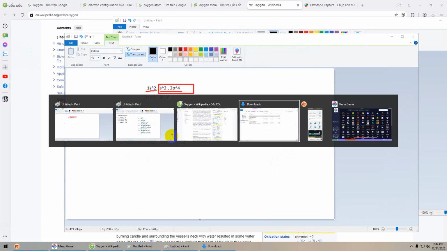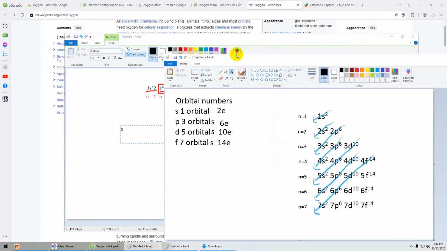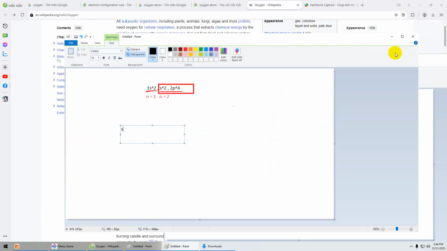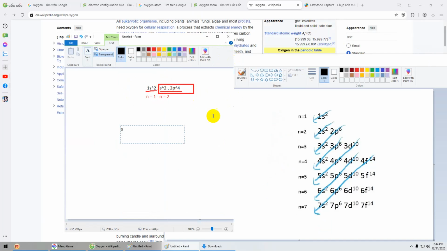We have the table here. We just bring the table here to calculate. Let's say 1s2, 2s2, 2p6, 3s2, 3p6. Let's count the number.